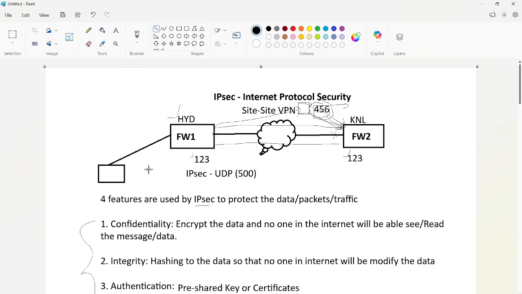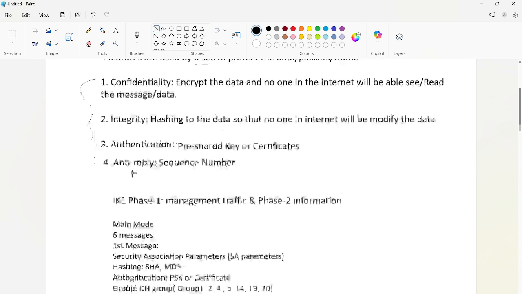The other firewall has to identify exactly what your local subnet and local users are, so in order to identify them, we are including this in the fifth and sixth messages.